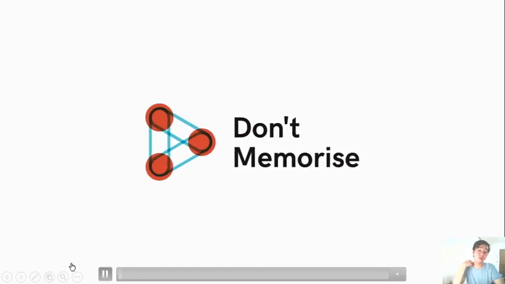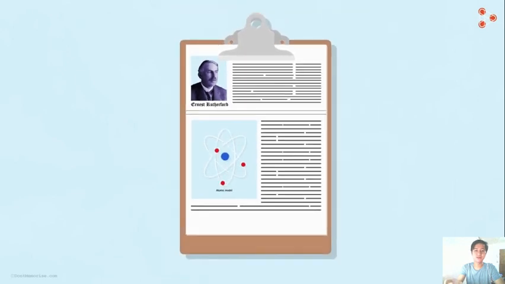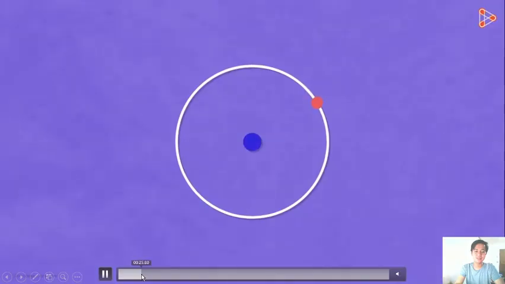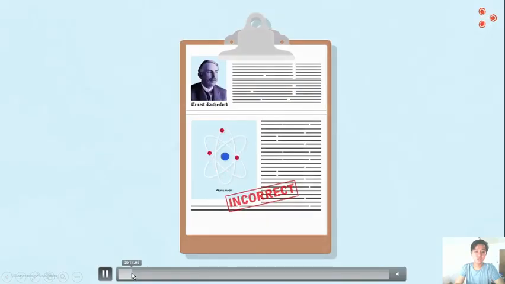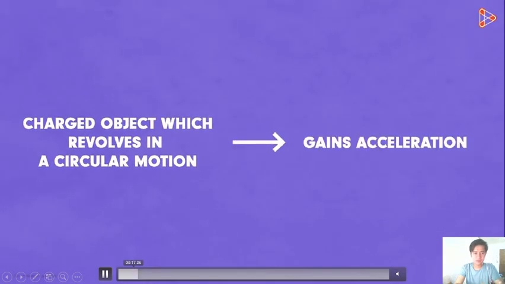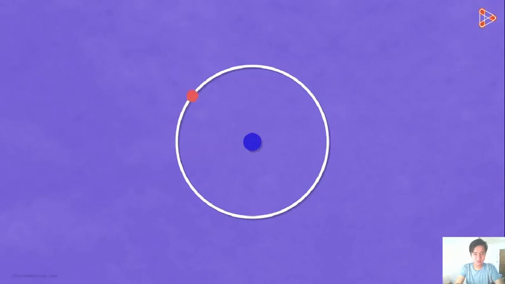So what was the problem with the model of Ernest Rutherford? It was actually a breakthrough in his study, but the problem is that if electrons move very fast, an object that revolves in a circular motion gains acceleration, and if that applies to the atom, it would radiate some form of energy and end up falling into the nucleus.